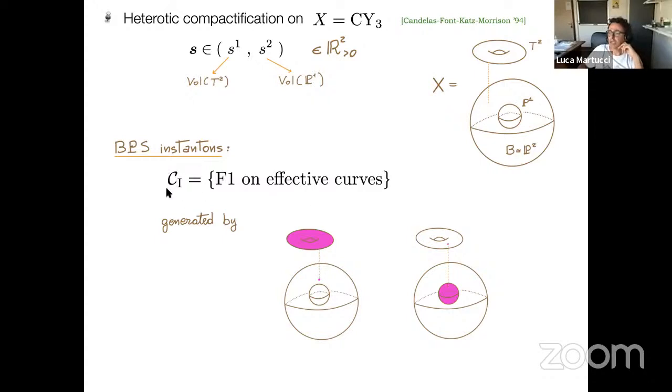So the full set of BPS instanton charges, denoted by the symbol, can be identified with a cone of effective curves, in other words, the Mori cone of the internal space.